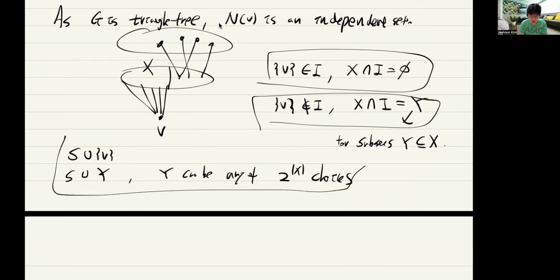So we can actually count all possible independent sets which have exactly S chosen here. Then how many of them are there? 2 to the |X| plus 1.